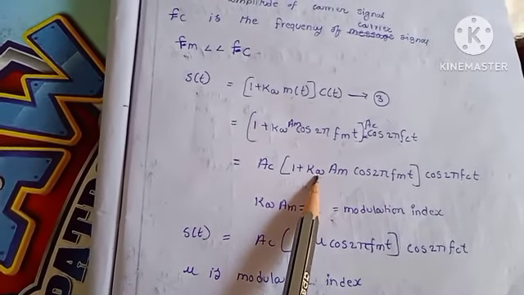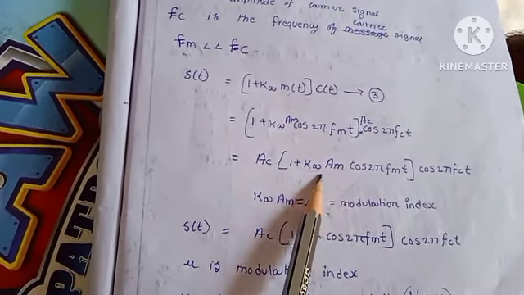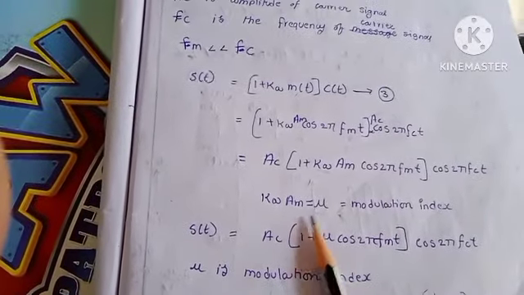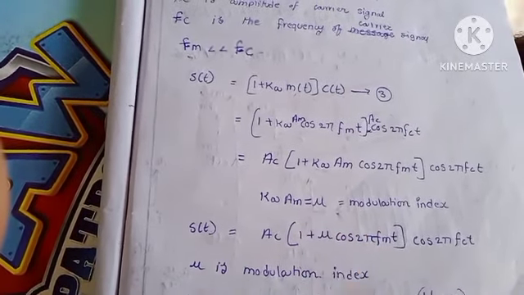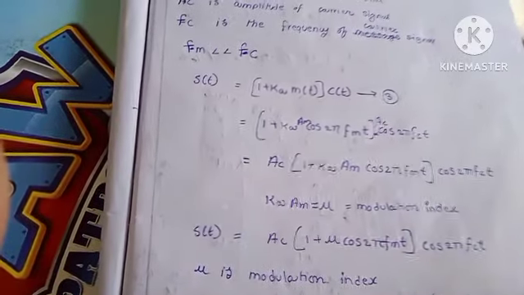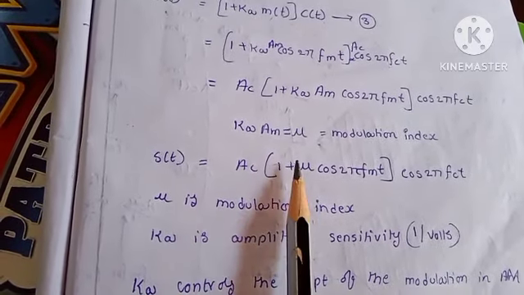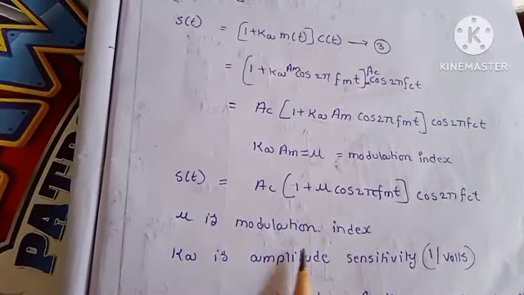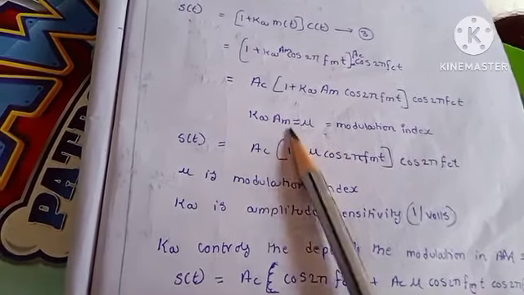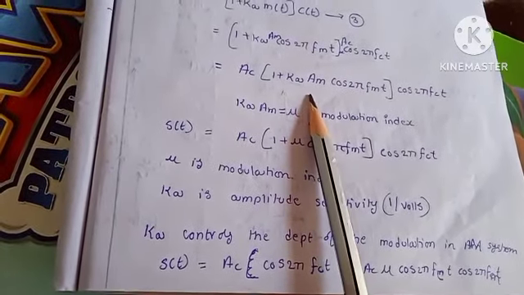Ka is the amplitude sensitivity, and Ka into Am is the modulation index, which we denote with a new symbol nu. Here Ka controls the depth of modulation of the amplitude modulated signal.